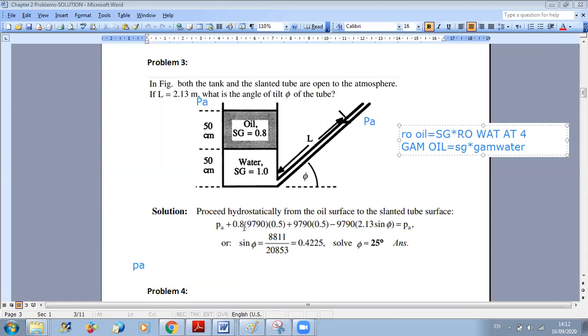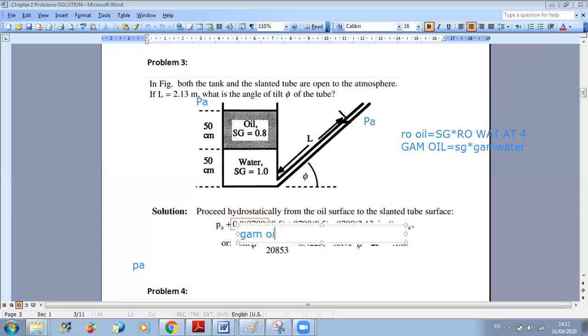I multiply it by the specific gravity, I get gamma of oil. So this term here is 0.8 times 9,790, which is gamma oil, times the depth. Because I'm going down, I do plus, I'm going down 50 centimeters, so I multiply by 0.5 meters.